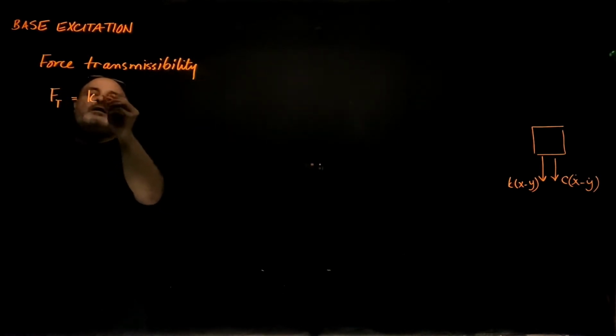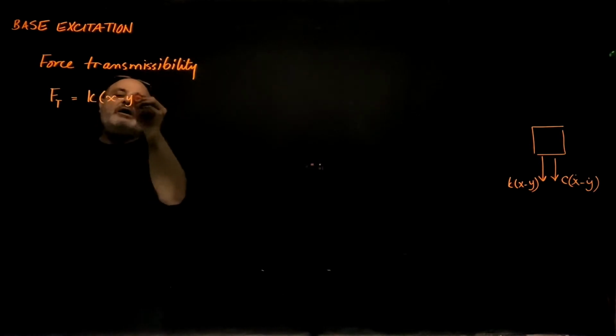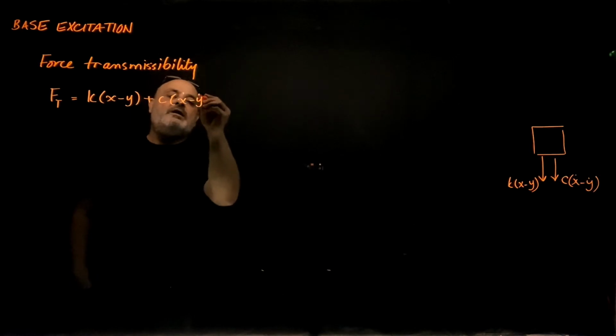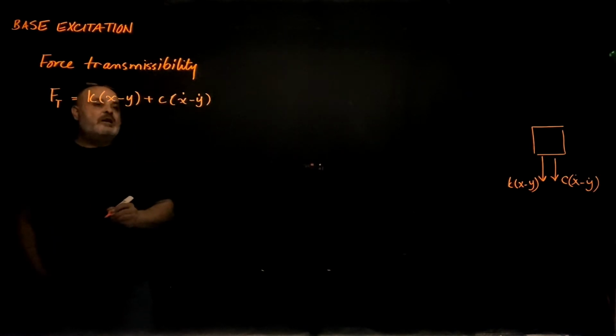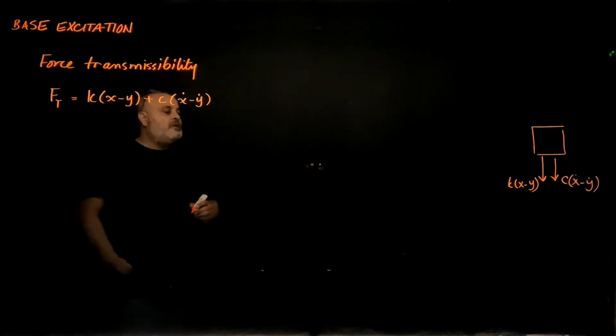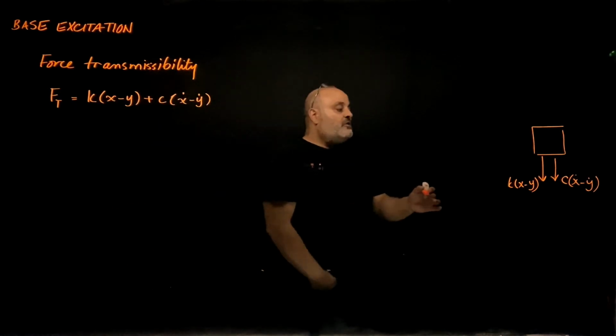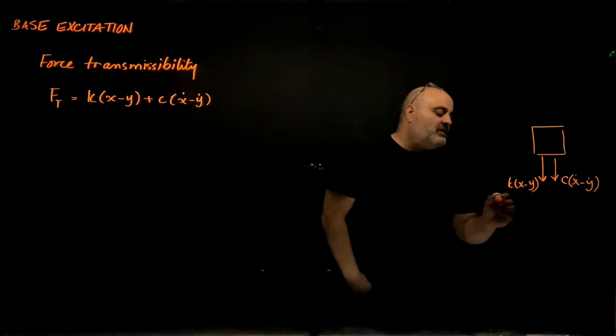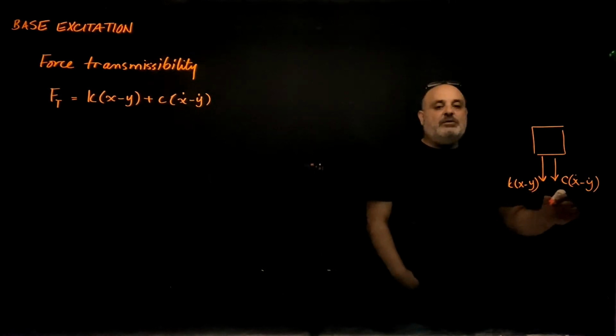is k(x minus y) plus C(x dot minus y dot). But again, going back to Newton's balance equation, the second law, which means that the sum of forces is equal to ma.